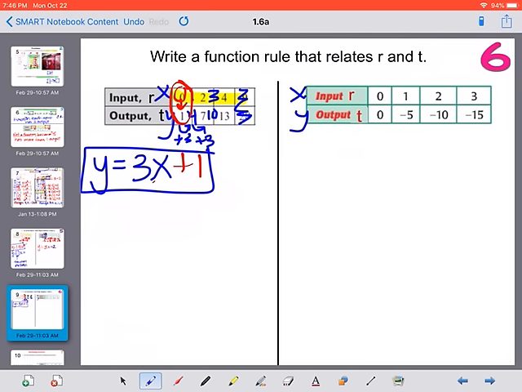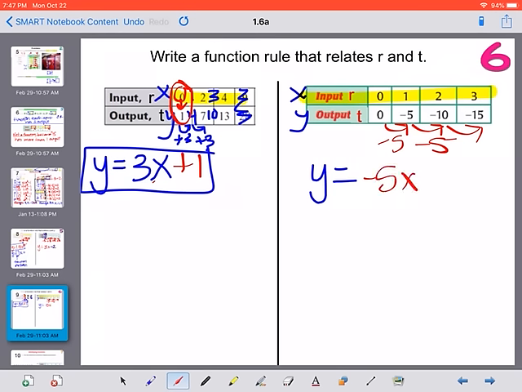Let's try our next one. We have our function. We need to figure out what's our pattern from one number to the next. These are really 1, 2, 3. They're in order, so we're good to just look from one number to the next. This one we're going down by 5 each time. So we have negative 5x.